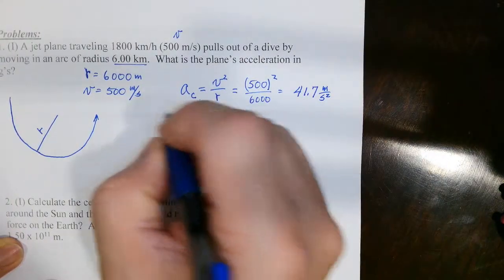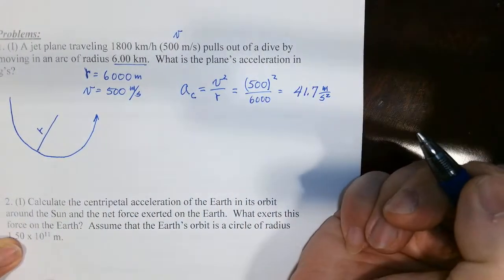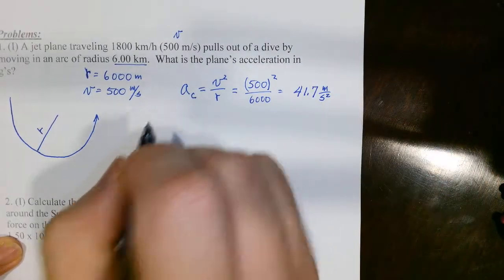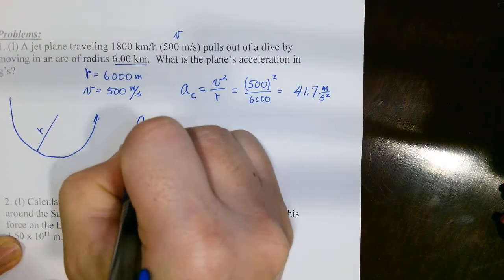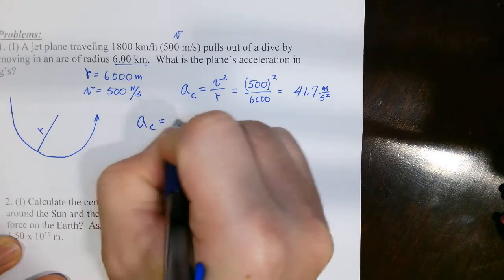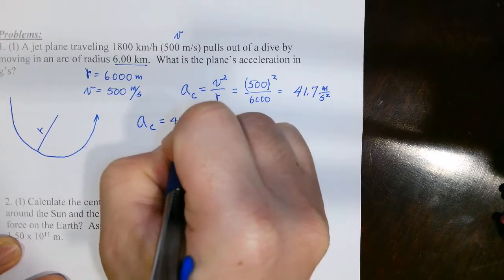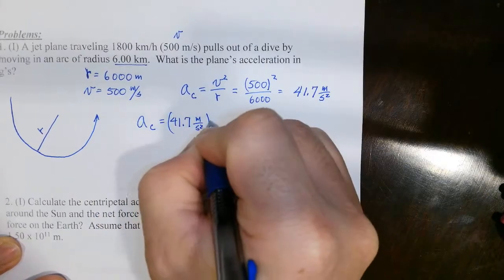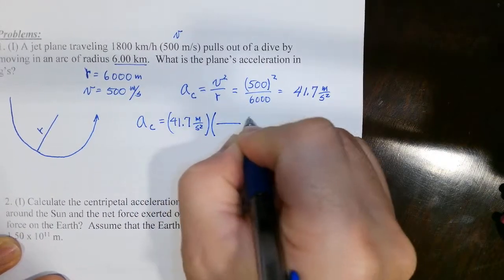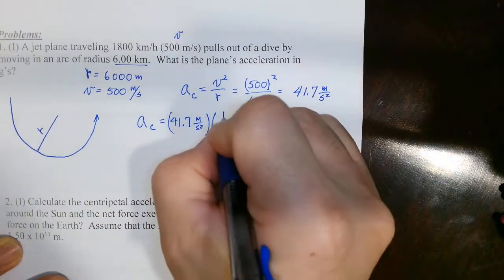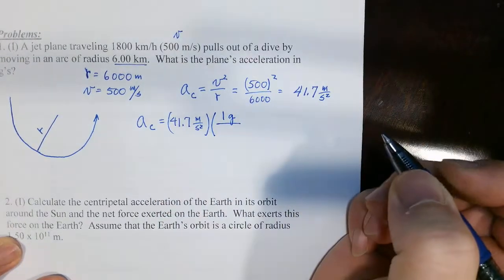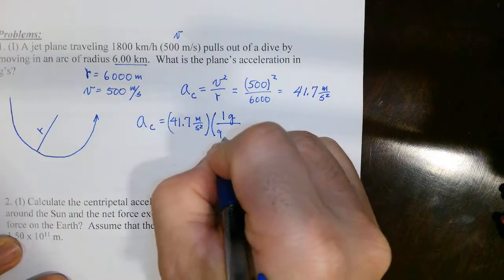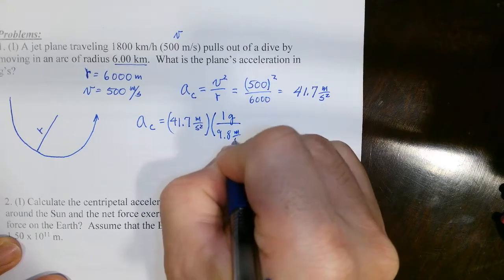So how many G's will this pilot feel, okay? That same acceleration, which is 41.7 meters per second squared, can be converted into G's. So 1 Earth G, right, is equal to 9.8 meters per second squared.